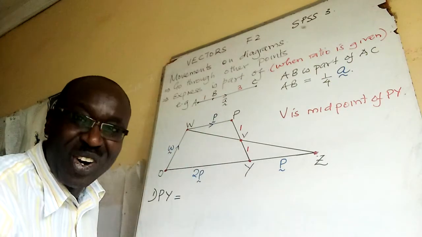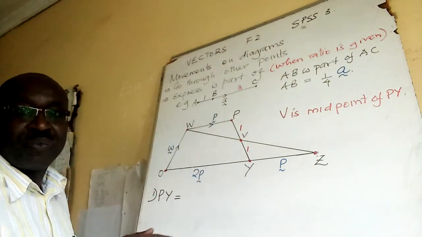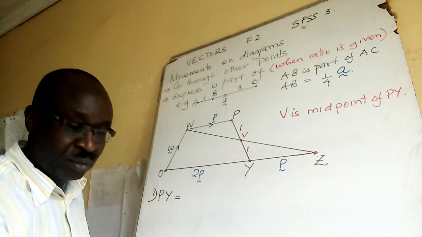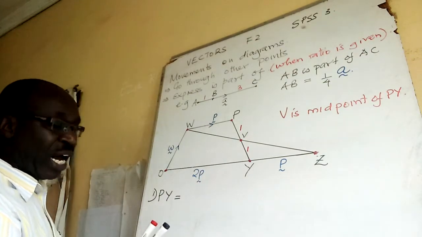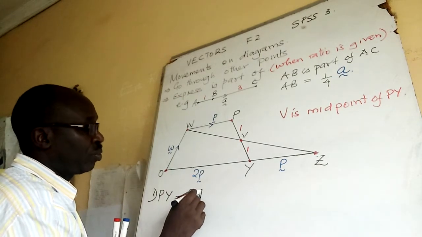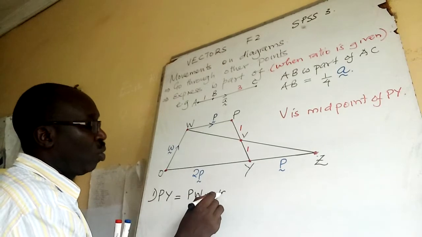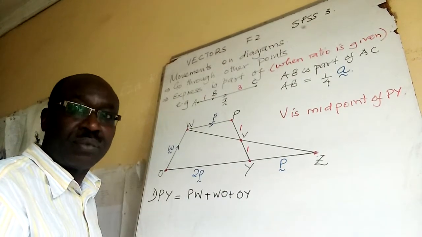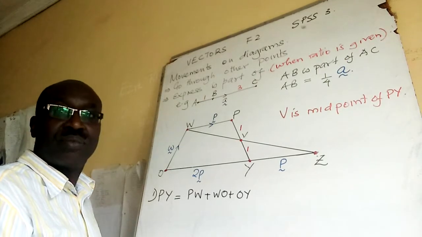So I'm at P. I will use a return plane. I want to give us the route PW plus WO plus OY. That is what I will use.